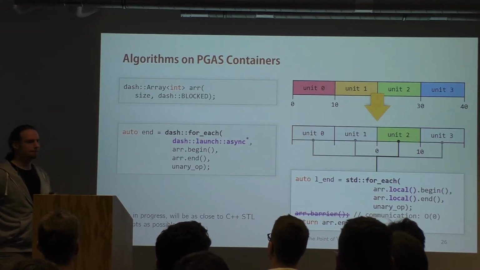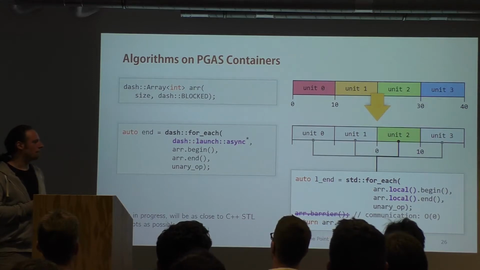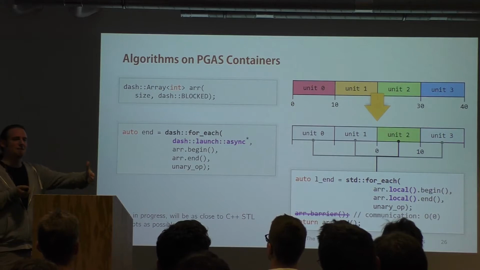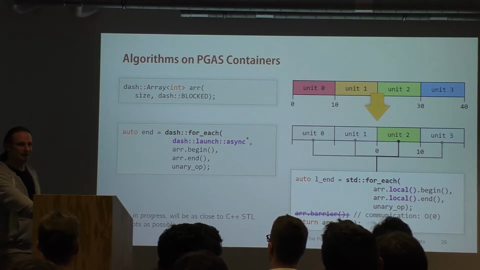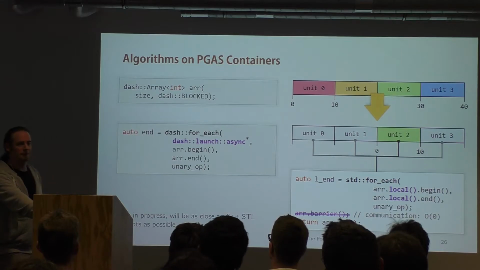But I'm not finished with them yet. So I want to mimic STL as closely as possible. But in case of launch async, for example, we can't. That's a detail that we can discuss later.